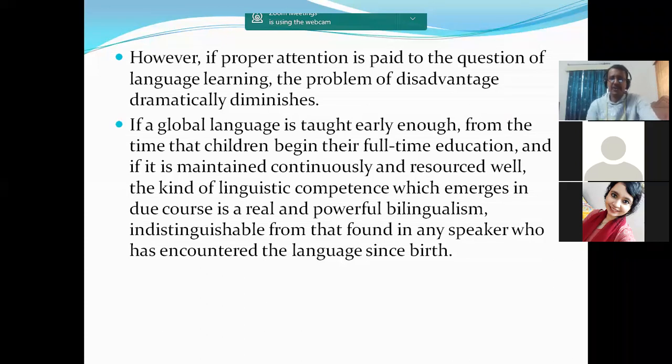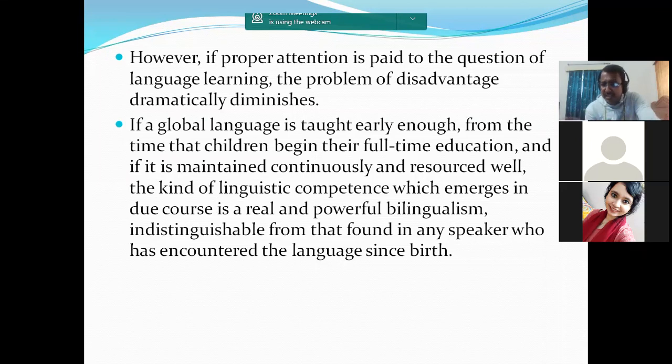Okay, so if a global language is taught early enough, from the time that children begin their full-time education, and if it is maintained continuously and resourced well, the kind of linguistics competence which emerges in due course is a real and the powerful bilingualism.